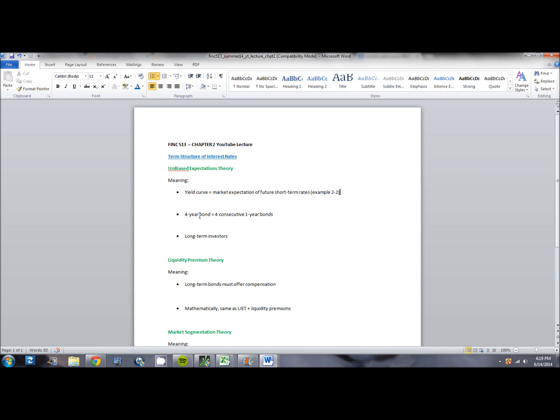With the unbiased expectations theory, if short-term rates are going to rise, then longer-term bonds must offer you a higher rate, because 1-year rates in the future are going to be higher than they are today, right? And so you see that exact example unfold in example 2.2.